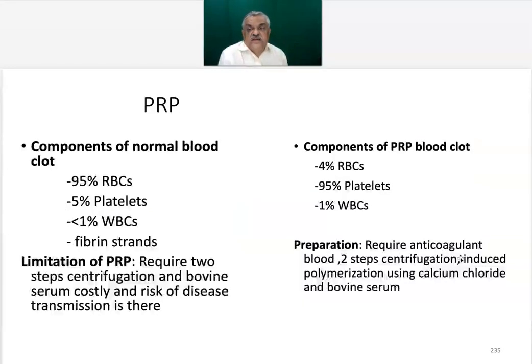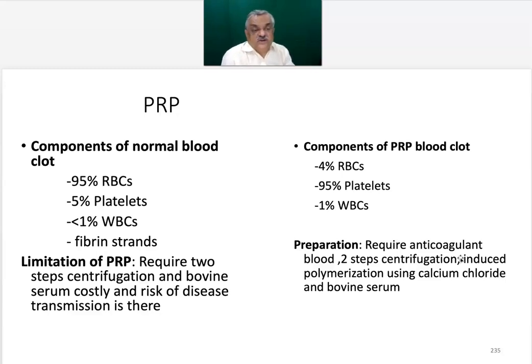Now, the components of a normal blood clot are 95% RBCs, 5% platelets, less than 1% WBCs, and a few fibrin strands. The limitation of PRP is that we require two-step centrifugation and bovine serum, which is costly, and the risk of disease transmission is there.